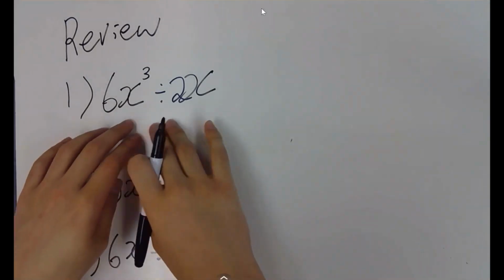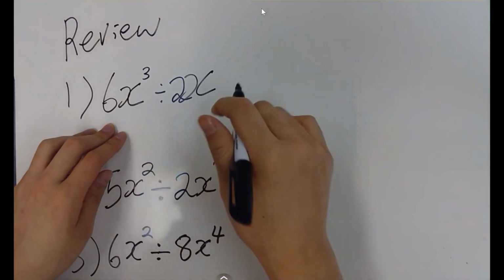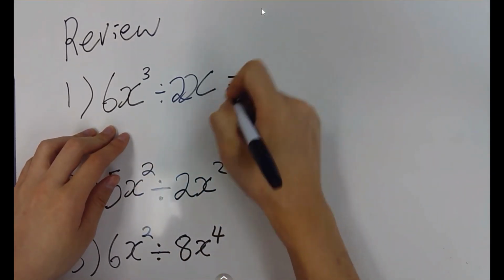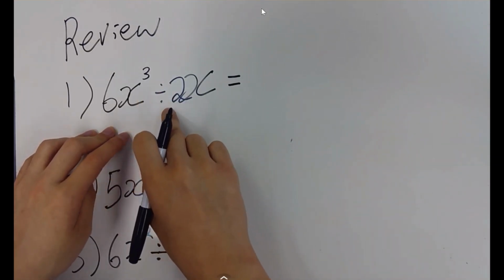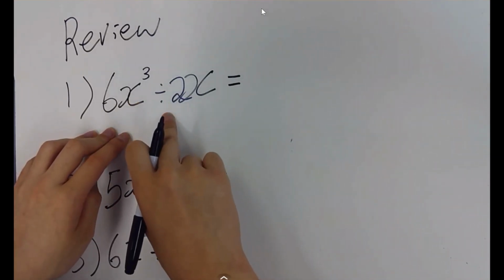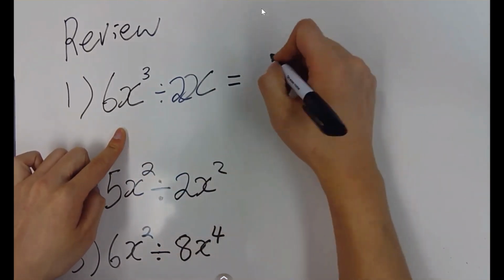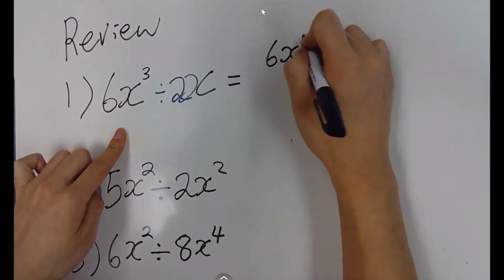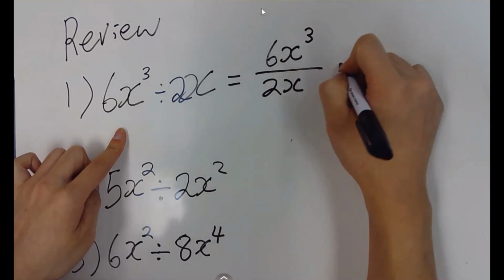Number 1 here says 6x cubed divided by 2x. One thing that I want you to remember is that division is just a fraction sign with two dots replacing the numbers. So 6x cubed divided by 2x can be rewritten as 6x cubed over 2x.